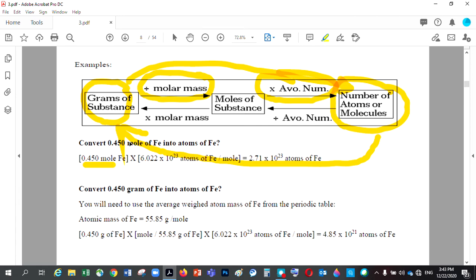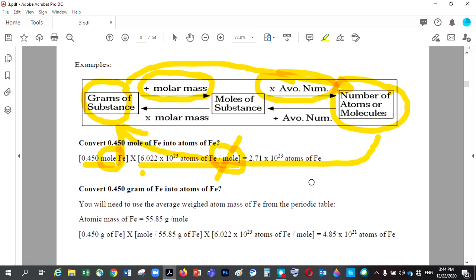So I have moles into atoms. Do I need the atomic mass of iron, Fe? No, because I just take the moles and multiply it directly by the atoms per mole, Avogadro's number. You will see nicely the moles cancel out with the moles, and I get the number of what? Number of atoms of iron.